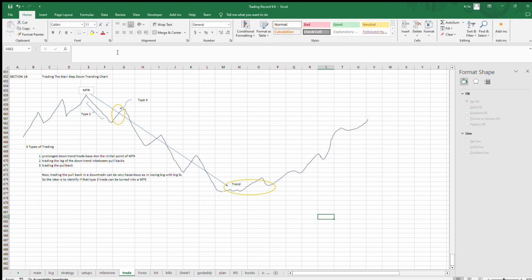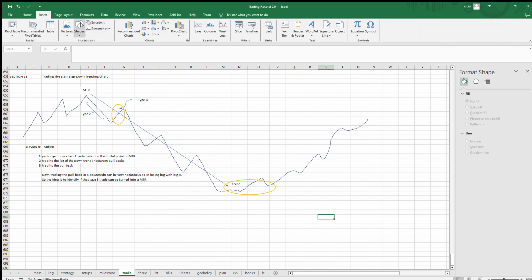So that's the second part that I need to figure out, because it moves in this manner all the time.